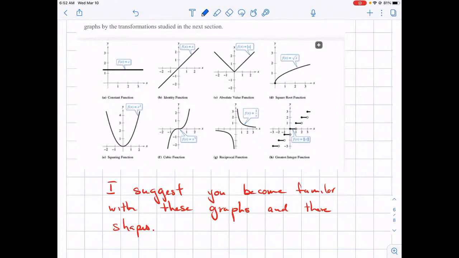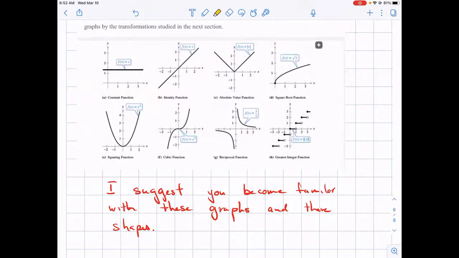If I ask you about the identity function, you should know that it is this one here, and the y-intercept is 0, 0. If I ask you about the constant function, you should know it can be this one here. So let's just go through some of them.